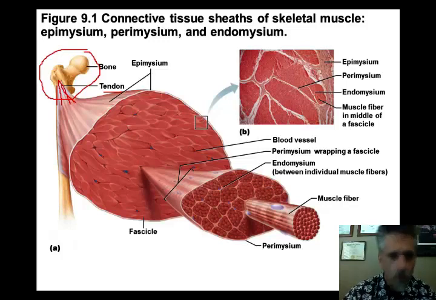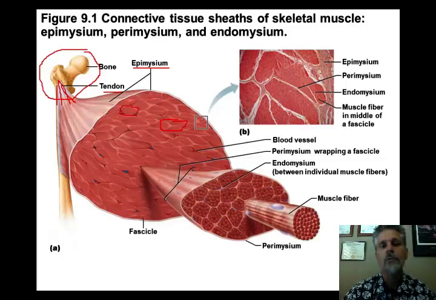Anyway, the whole muscle that we see here is surrounded by a connective tissue layer that's called the epimysium. So see the MYS? That's the mysium part. Now, making up that whole muscle are bundles of muscle fibers. Those bundles of muscle fibers are called fascicles.